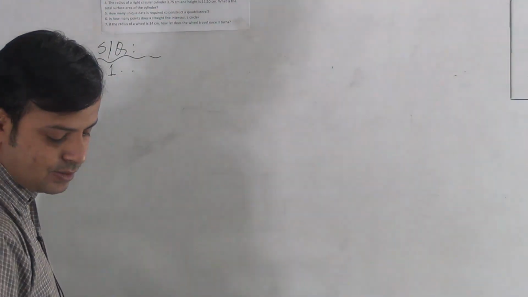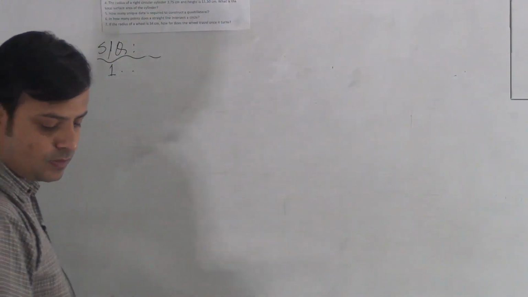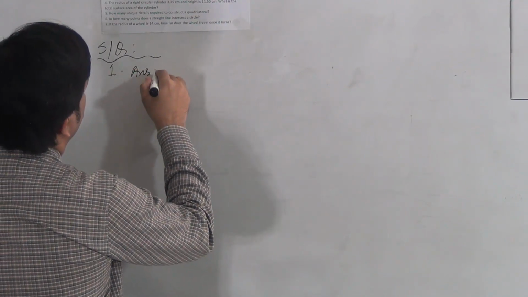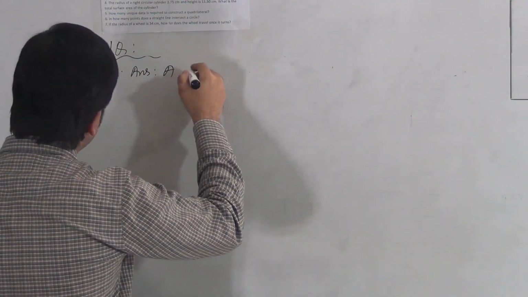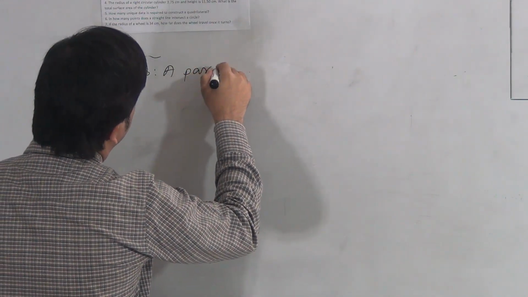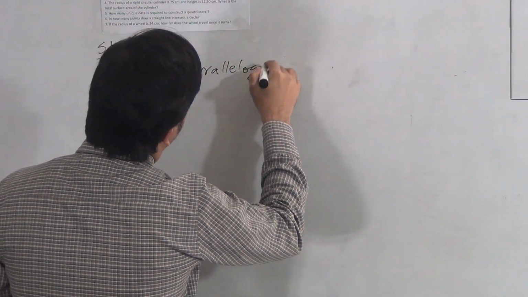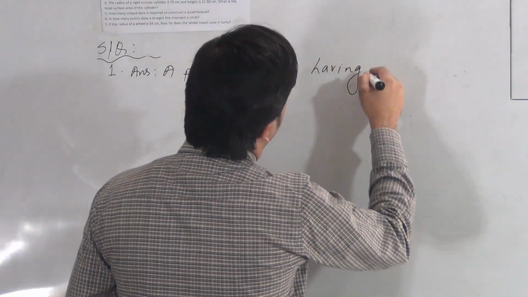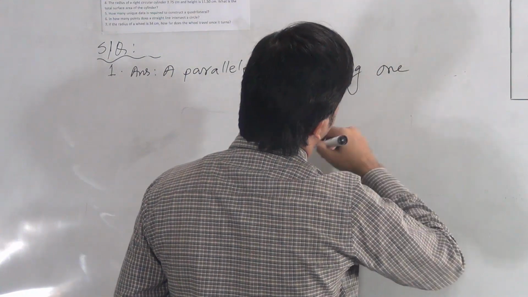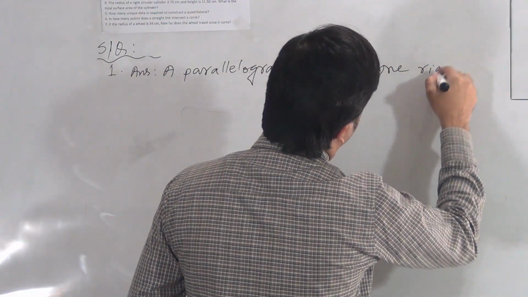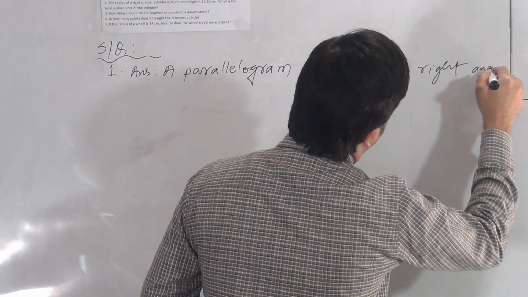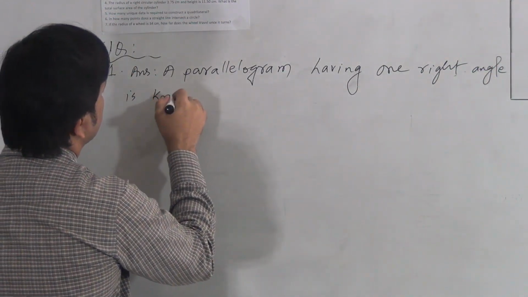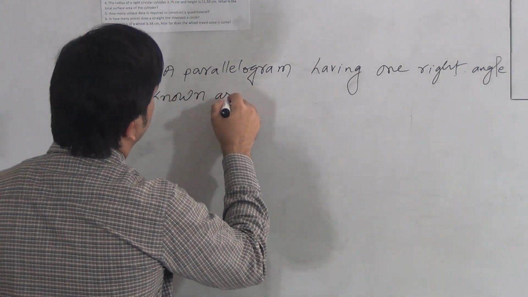So we can write here, a parallelogram having one right angle is known as oblong.